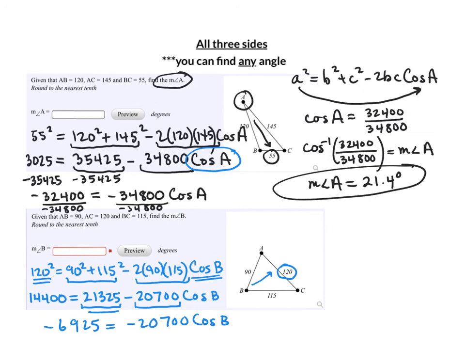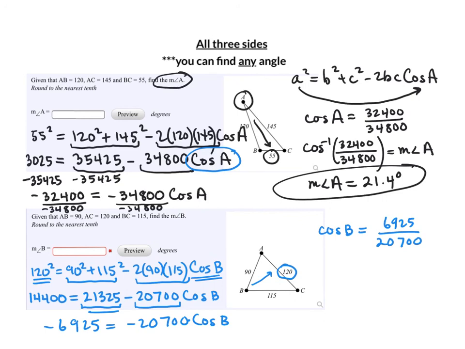We'll get the cosine of B by itself, so we'll divide both sides by negative 20,700, and we see that the cosine of B equals, and the two negatives are going to make a positive, 6,925 divided by 20,700. And we want the angle whose cosine is that ratio.